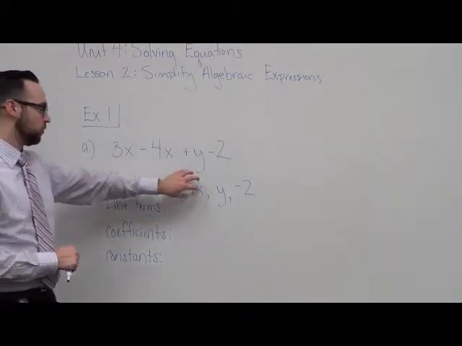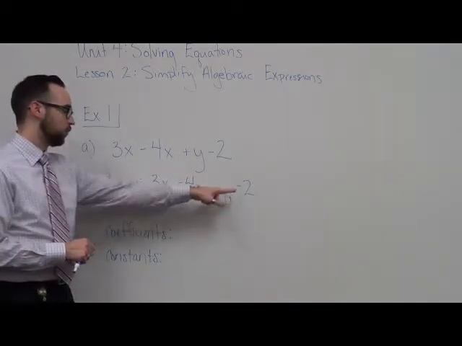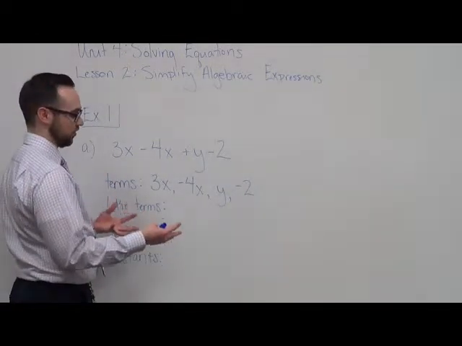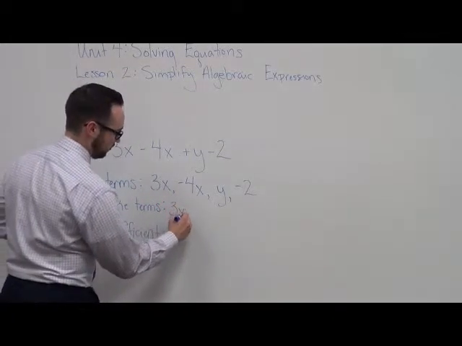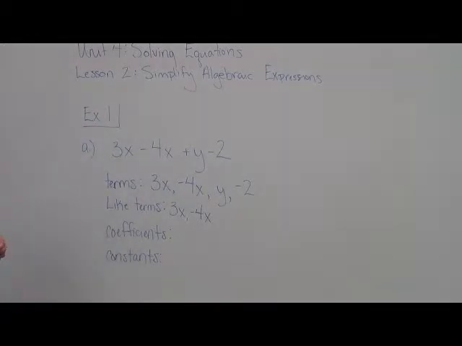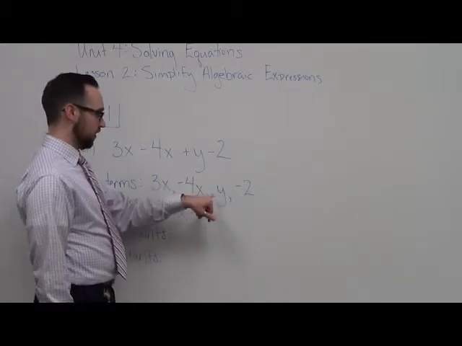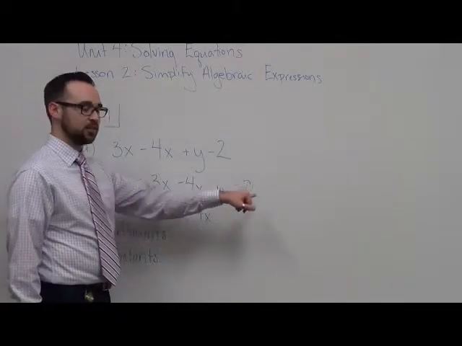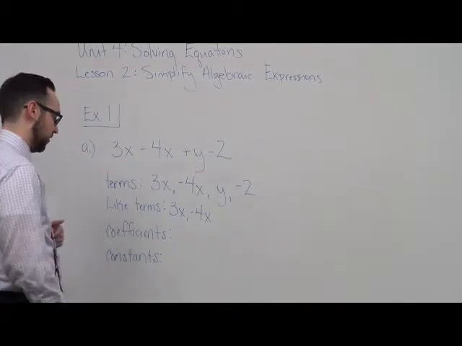Of these 4, which ones are like terms? Well, 3x and -4x are like terms because they share the same variable. Y is not a like term because nothing else has y, and -2 has no variable at all, so it shares nothing with anyone.